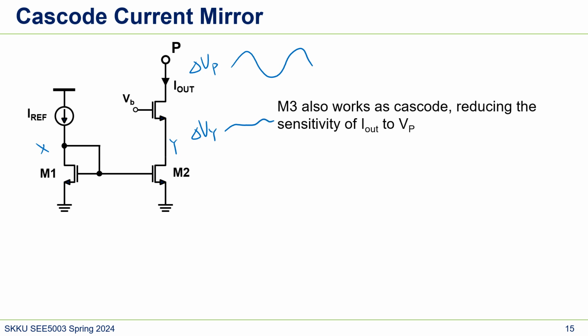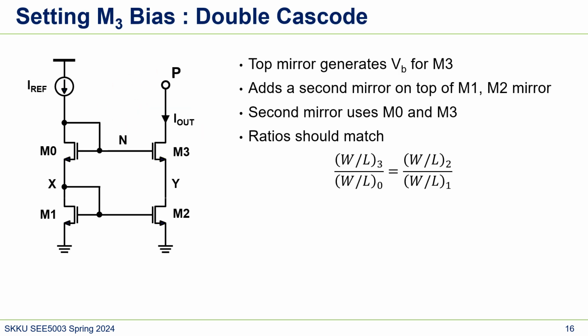This is good because if some circuit changes the voltage here a lot, this M3 MOSFET blocks the voltage change, and Y will stay still. So the voltage change at Vy is a lot less than the voltage change at VP. And again, our problem is how to set this VB, right? Our target was to set this bias here, VB.